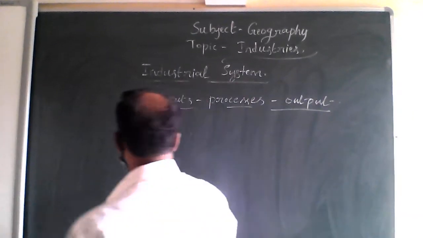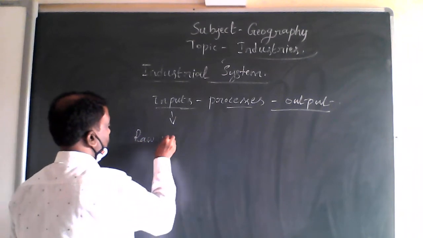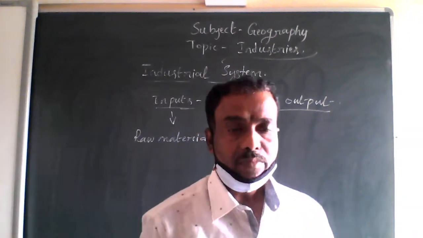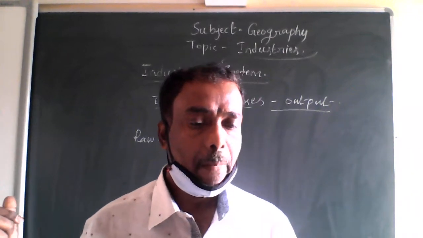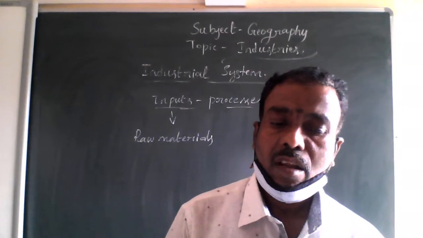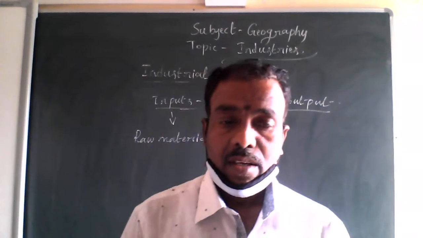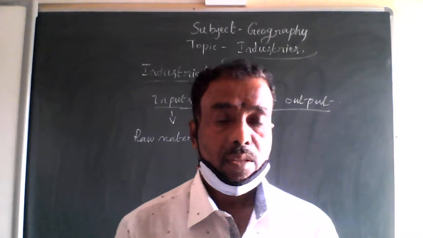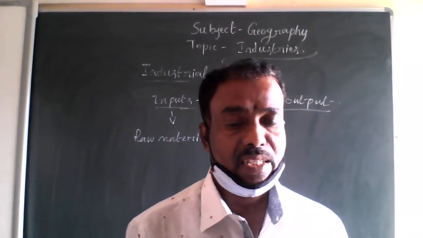See, here the inputs are raw materials. Getting now? So, the inputs are raw materials. Only the raw materials? No, because we already discussed in the previous class that there are different factors which are affecting the location of industries.